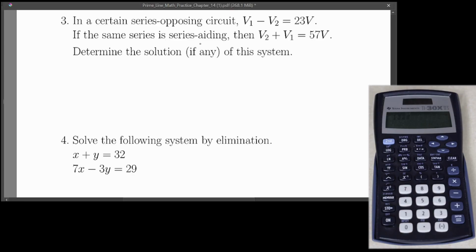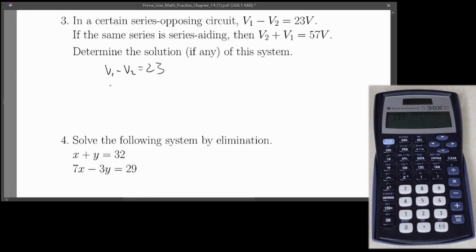For question number 3, we've got a couple of equations. They want us to determine the solution of the system. So we're going to use an elimination method here. We're going to write V1 minus V2 equals 23, and we're going to drop the volts unit here.